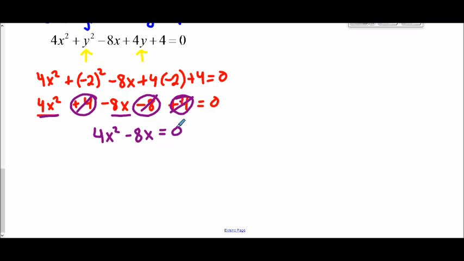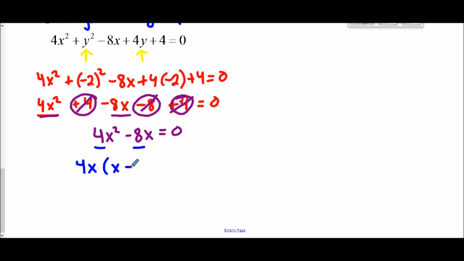In order to solve this, we need x equals a number, so we have to factor. In this case, we need to factor out what they have in common. They have a common 4. You can divide out a 4, and you can also divide out an x. So in the first one, we have x left over.